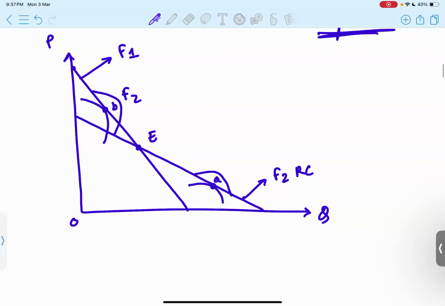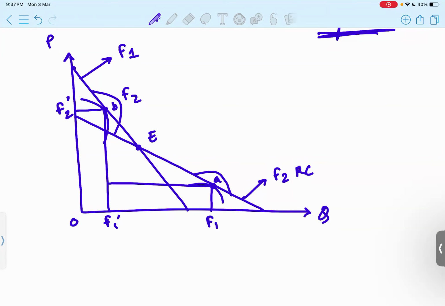And we can draw lines on both the axes, which represent the output of firm 2. And here, this is for firm 1, represented as dash. This can be firm 1 and correspondingly firm 2.